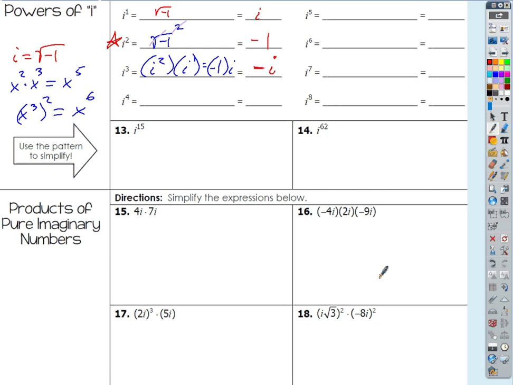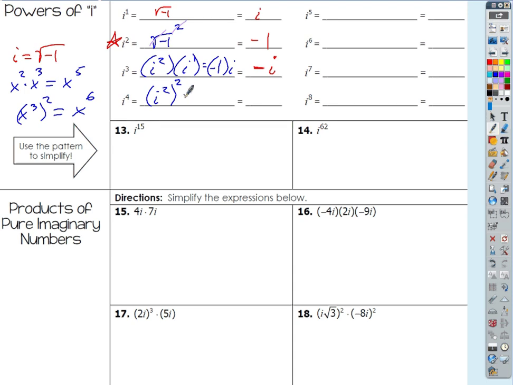Okay. What's a tricky way that I could determine the value of i to the 4th? To the 2nd. Why not? I could do i squared, couldn't I? Because that would be i to the 2 times 2, which is 4th power.